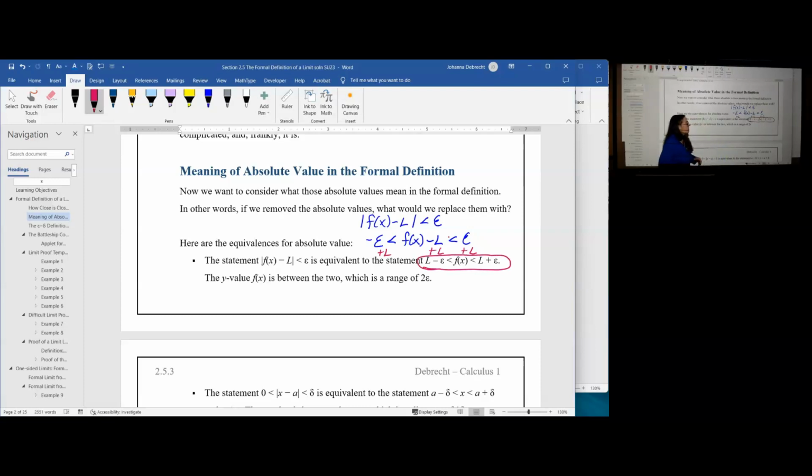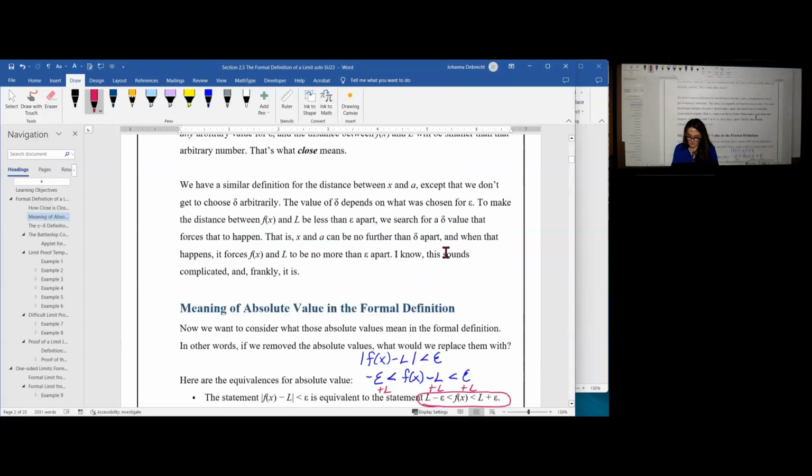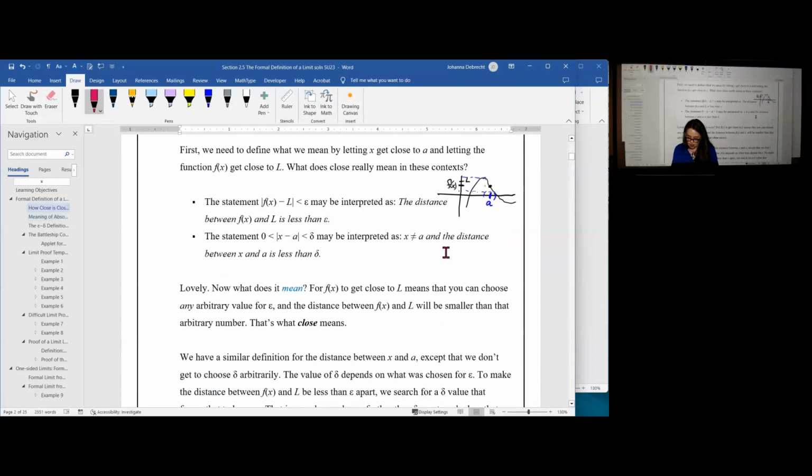L minus epsilon has to be smaller than the function value, which is smaller than epsilon plus L. So when I'm looking at this, if I come back to my graph up here, L minus epsilon could be down here, and L plus epsilon could be up here. Then all the function values that fit close to A will land the y value in that range.